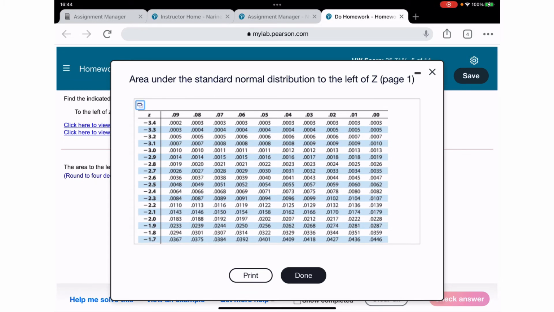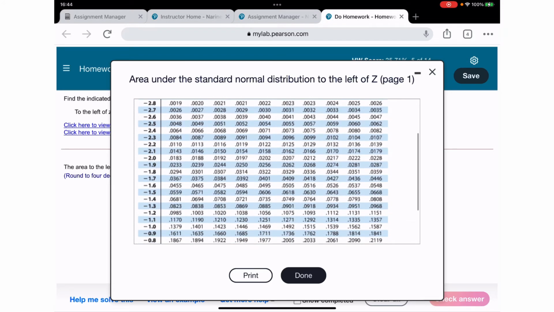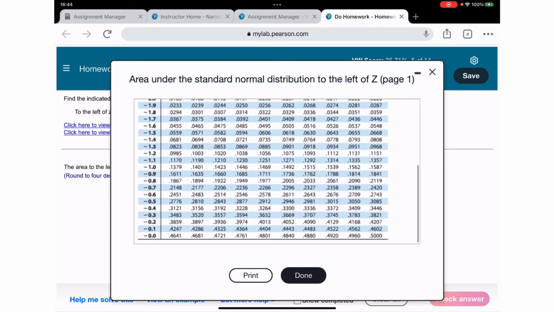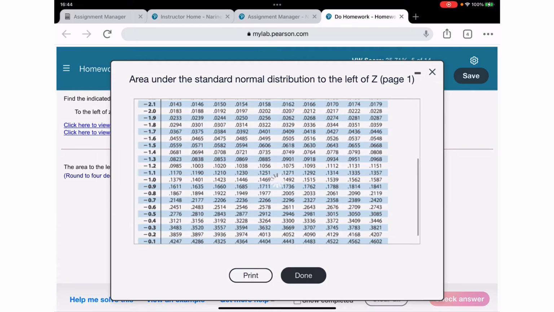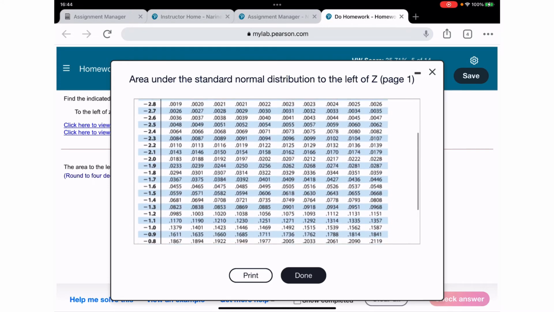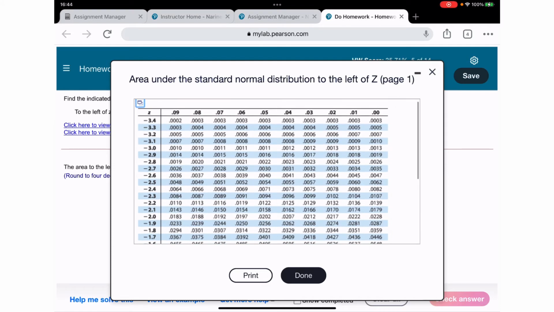I'm going to find the z-score vertically and horizontally. I'm looking for 0.7 in the first column, the bold number. Now I go across to find 0.06, since I have 0.76. Here it is, 0.06.